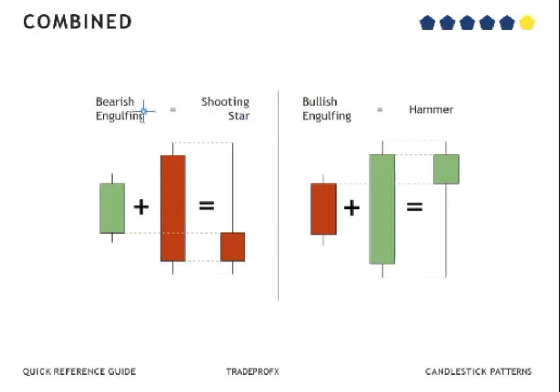When you see a bearish engulfing, it is often equivalent to a shooting star, as both signal a reversal after an uptrend. Understood?